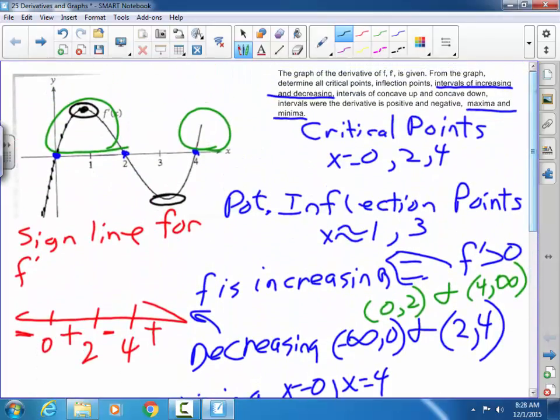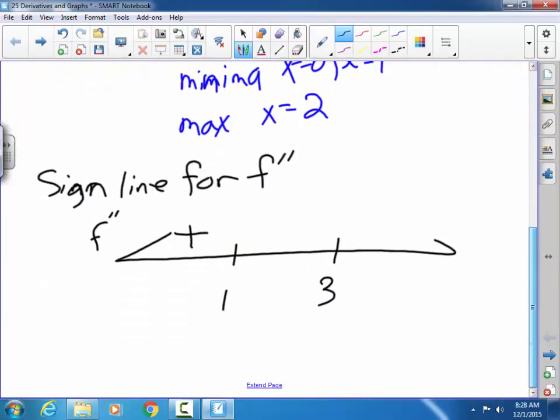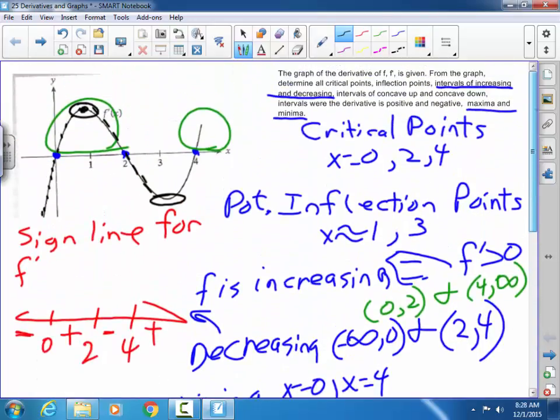What about from 1 to 3? Again, if we come in here and we try to draw our slope in, that slope is going down, so that slope is negative. So that tells us that the second derivative is negative from 1 to 3. And what happens from 3 on?